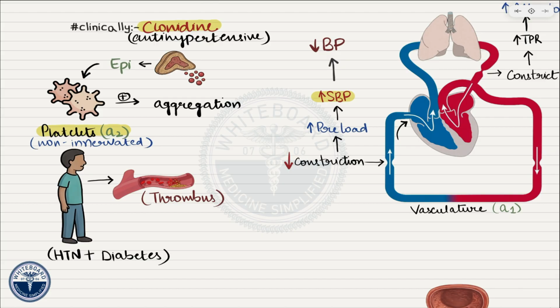In such a patient, activation of alpha-2 receptors on pancreatic beta cells will further suppress insulin secretion. As a result, blood glucose control may worsen. Therefore, when prescribing an alpha-2 agonist, we should keep in mind its potential to reduce insulin release, especially in patients who have diabetes along with hypertension.